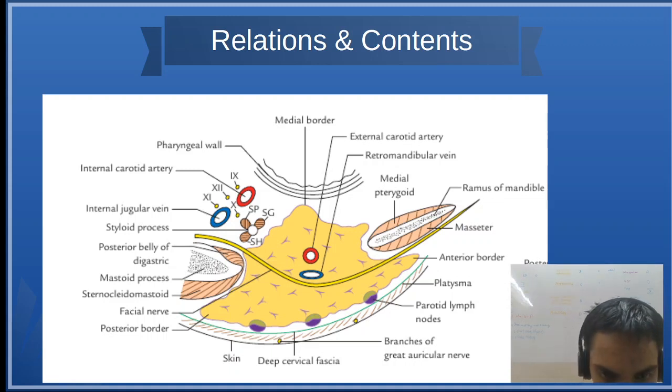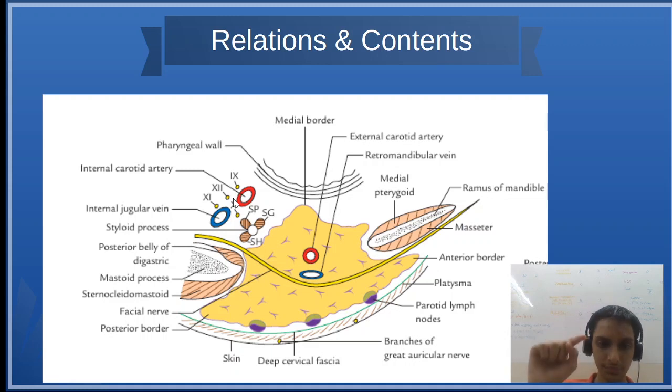Same way, for the styloid process, again draw a triangle, just for understanding I'm telling you. On the lateral side stylohyoid, medial side styloglossus, and on the apex stylopharyngeus.